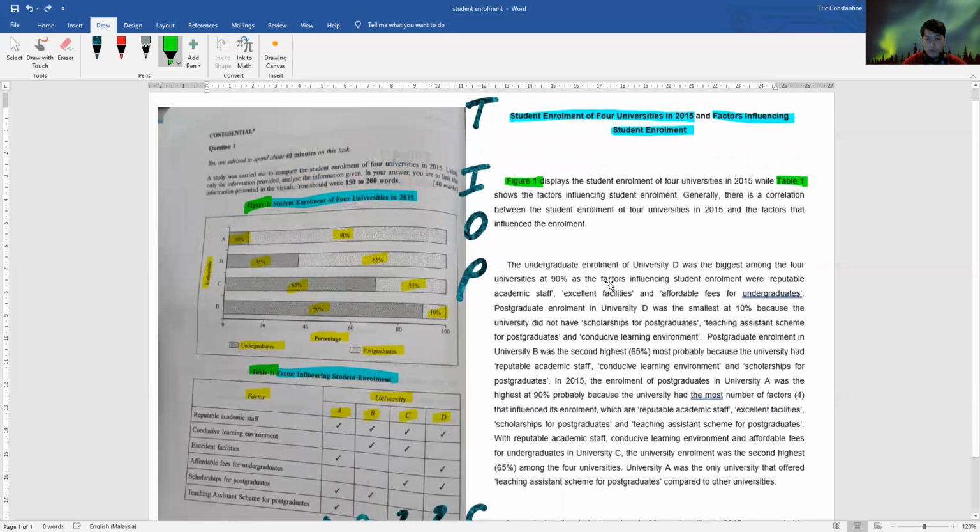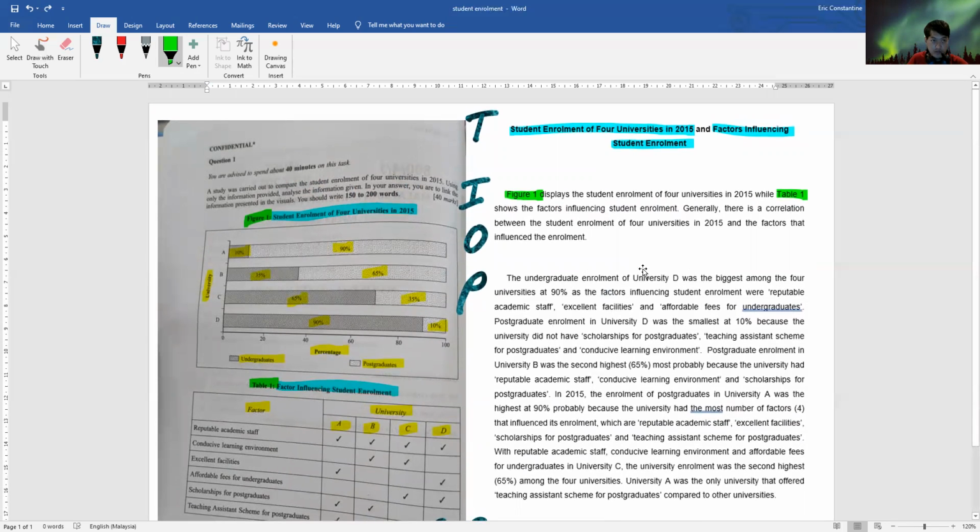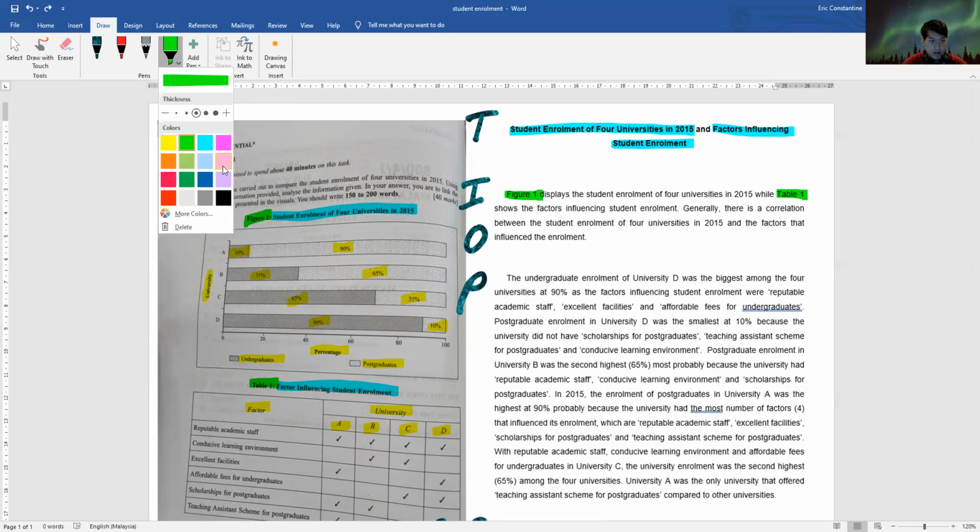All right, now when you write your report, of course, language is a very important part of the assessment. Let's use the rose color. So this one here displays and shows.